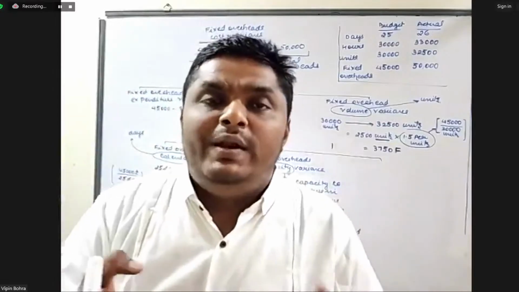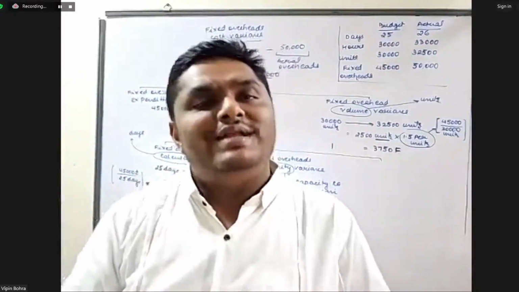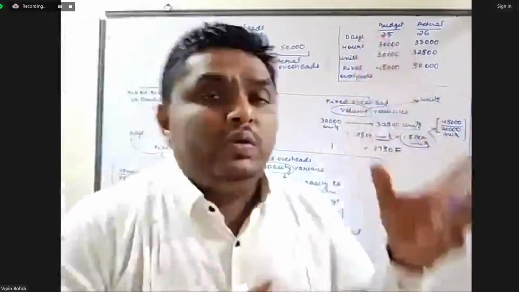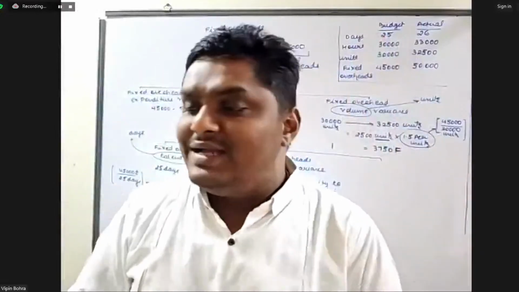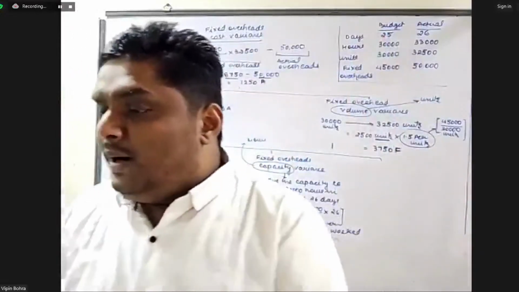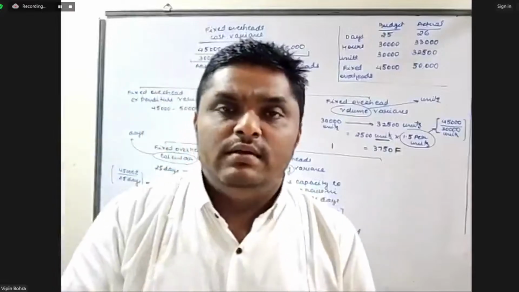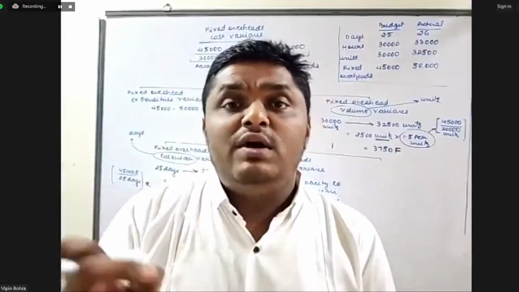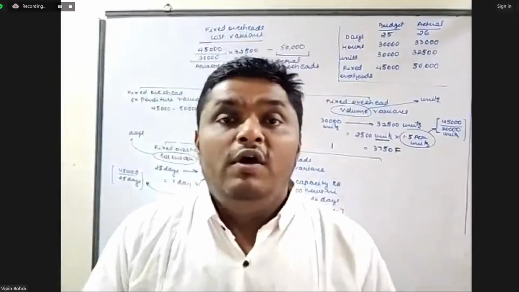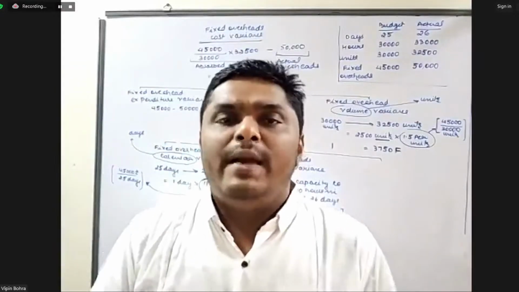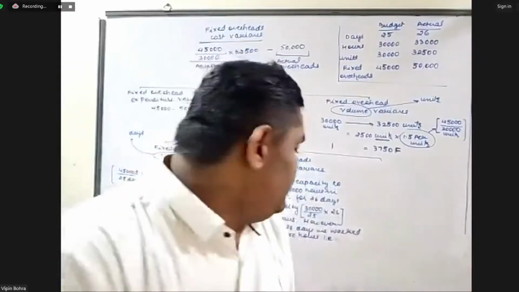See, very important. 25 days हमारी 30,000 hours की कैपेसिटी थी. So 26 days में हमारी कैपेसिटी कितनी थी? 31,200 hours की कैपेसिटी थी. But in these 26 days, instead of 31,200 hours, we worked for 33,000 hours. It means we have worked above our capacity, so it's a good sign for the company.